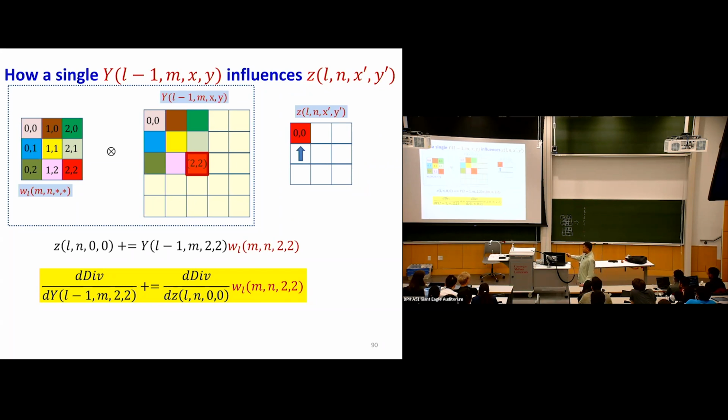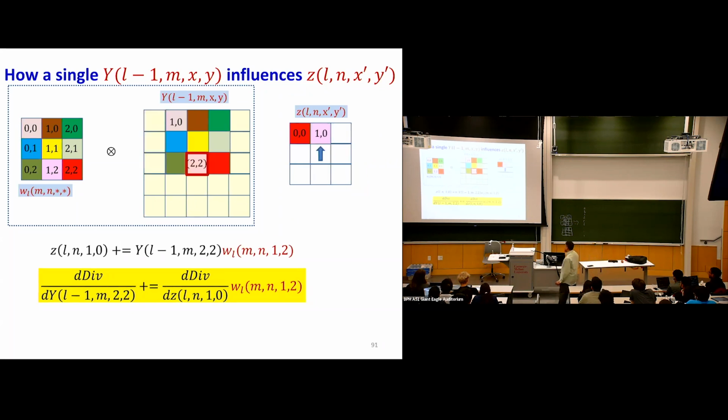I've just put this color over here to show you which filter element contributed to the computation of Z00, right? If I take a step forward, in computing Z10, the W12 element was considered. So I put the color of the 1-2th element of the filter at Z10. This tells you which filter element was used in computing Z10.